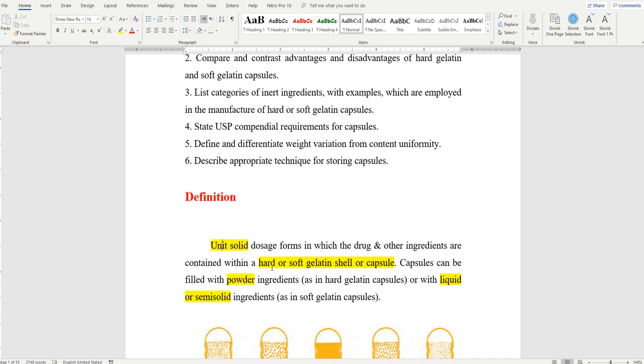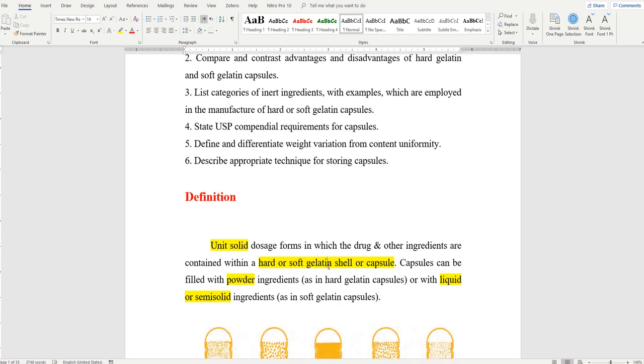So the definition is a unit solid dosage form in which you have the drug plus usually other ingredients which are encapsulated or contained within, they are filled inside either hard gelatin capsules or soft gelatin capsules. In short, unit solid dosage forms in which the drug and other ingredients are contained within a hard or soft gelatin capsule shells.